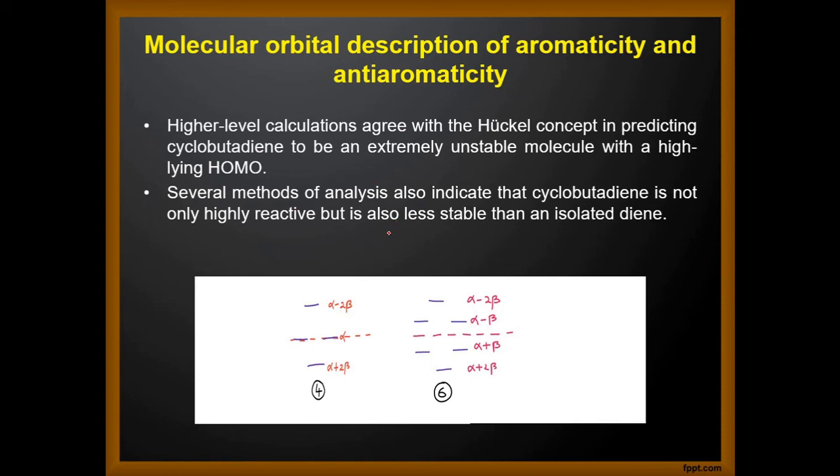Again, several methods of analysis also indicate that cyclobutadiene is not only highly reactive but is also less stable, as we have already seen, than an isolated diene. So it is for all these reasons that we say that cyclobutadiene is anti-aromatic, because it is not stable. It does not have any stability that can be correlated with aromaticity.